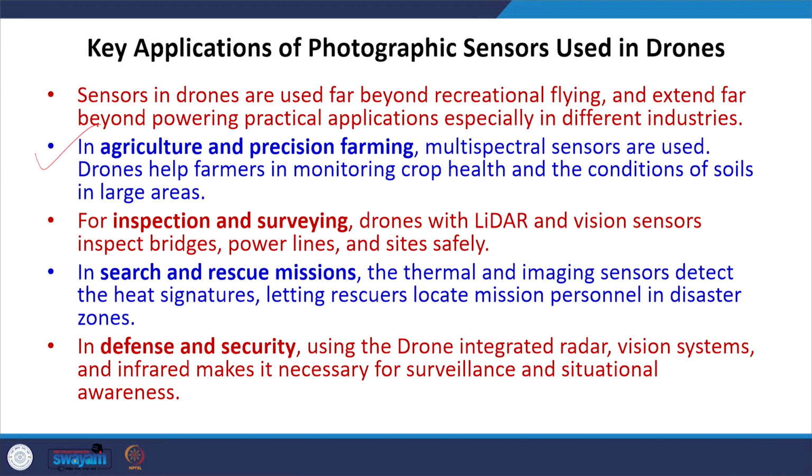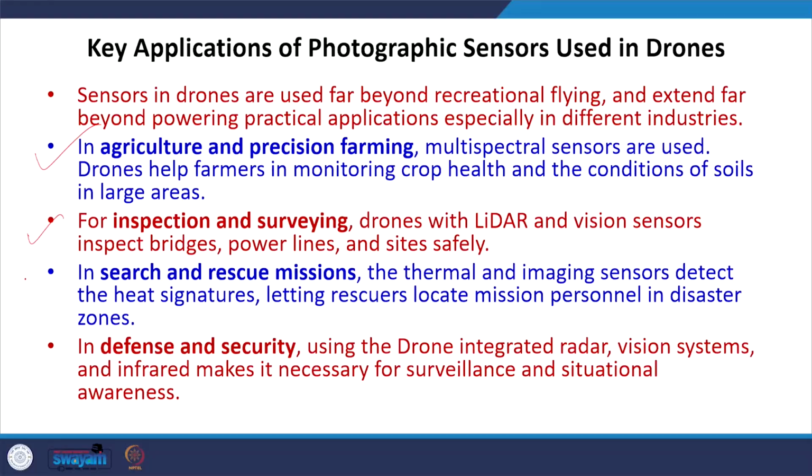Multispectral sensors are very useful whenever we are doing studies related to crops. Drones will help farmers in monitoring the crop health and the conditions of the soil in a large area. If you want to do inspection and surveying of the bridges, the power lines and the site safely, then we use a drone with LiDAR and vision sensors. So, it is a combination of several sensors together that we use.